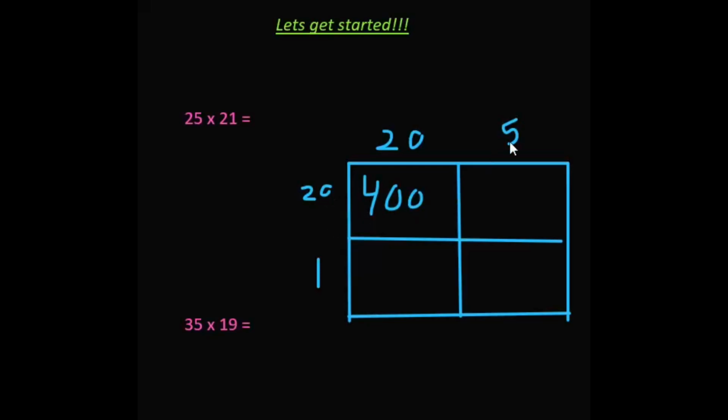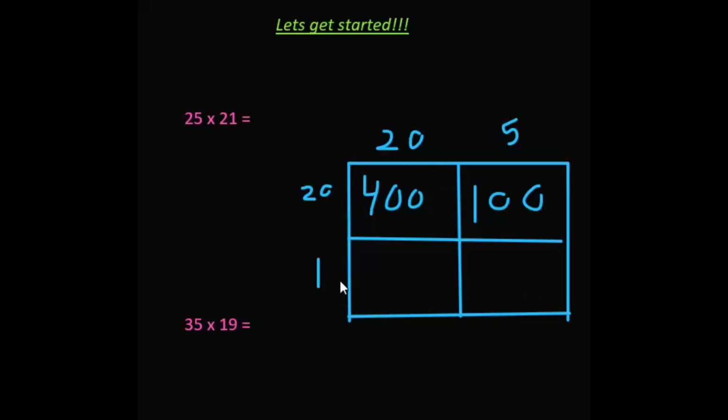And then let's do 20 times 5. 20 times 5 equals, sorry, not 200, 100. Let me take that out and put down 100. Perfect. Now that we finished that first row of numbers, let's move on to the next one.